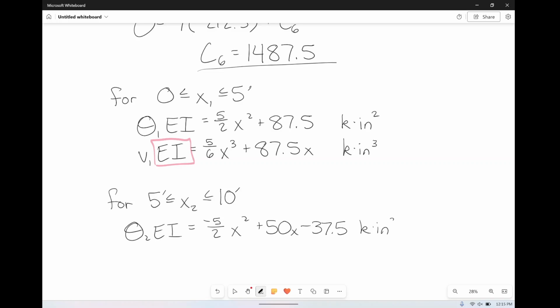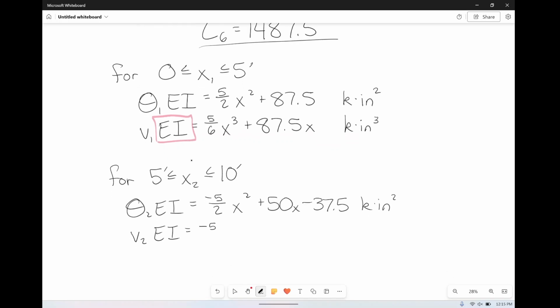Again, kip inches squared. Then for deflection 2 times EI, we're going to have minus 5 divided by 6 x cubed plus 25x squared minus 37.5x plus C4. C4 we had as a big whopping plus 208.3, and this is now in kip inches cubed.